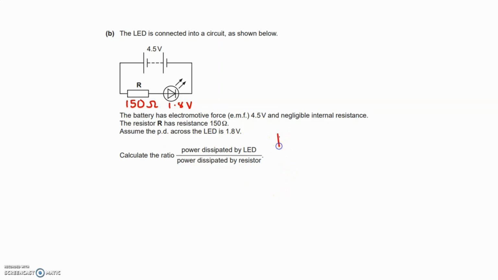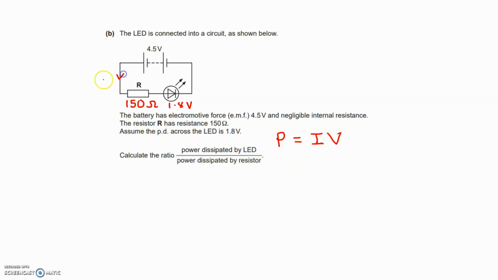So the formula we can use for power dissipated is that power is current times voltage. So how can we calculate the power dissipated in the resistor first of all?